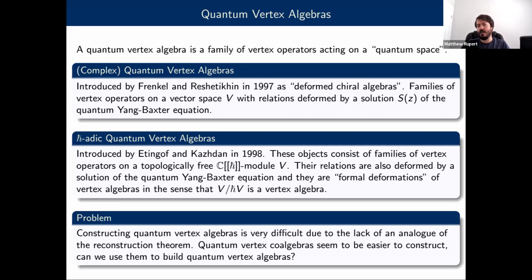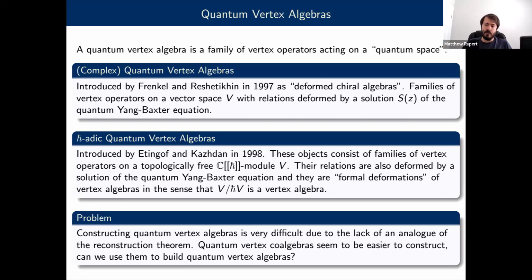It basically says, if you have a vector space, a family of vertex operators on it, a vacuum vector, and a translation operator, all of which satisfy the axioms of a vertex algebra, and the coefficients of your vertex operators acting on the vacuum vector span the vector space, then you have a true vertex algebra.